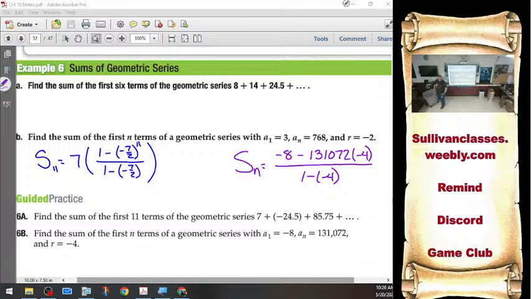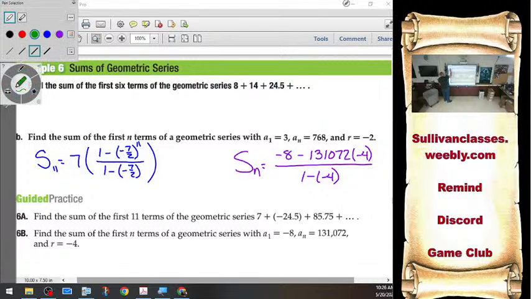Okay. Check your formulas. Good? Sweet. All right, let's see if we can all press buttons correctly.